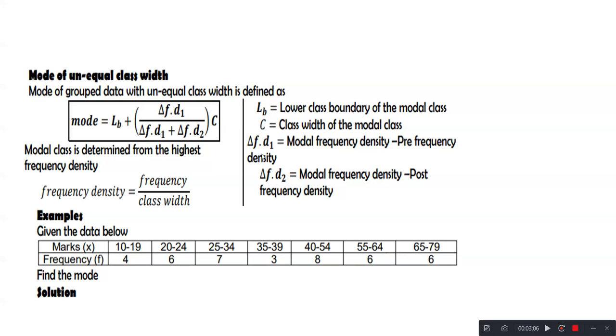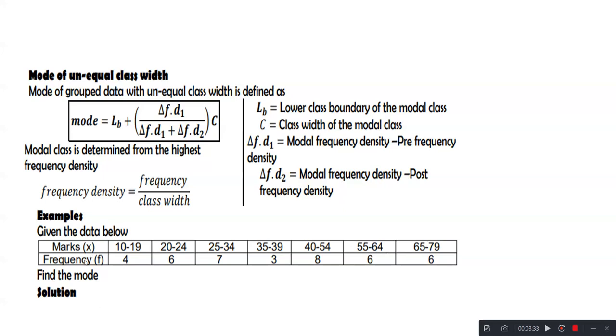Now, how do we get D1 and D2? D1 is the frequency density of the modal class minus the frequency density before it. Then D2 is the frequency density of the modal class minus the frequency density after it.